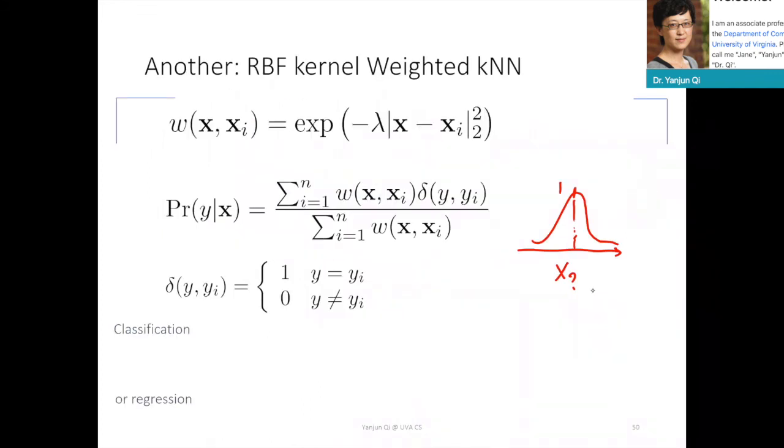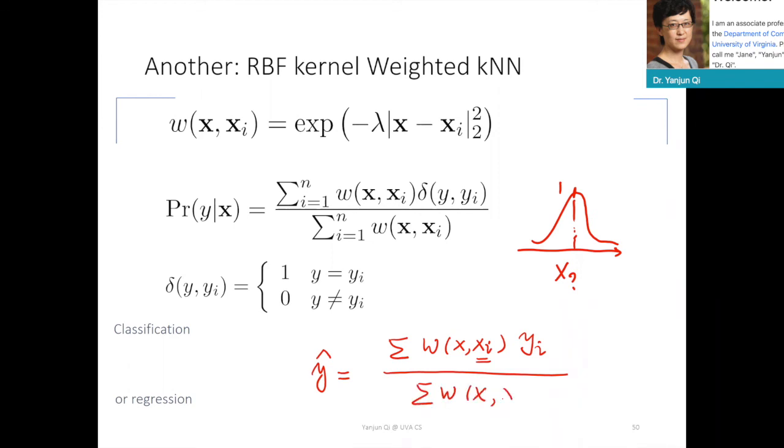All right, so this is almost it. For the regression case, you can do the same thing, and the only thing you change is y prediction equals the summation of w(x, xi), with each xi as the center, times yi, over the summation of w(x, xi).